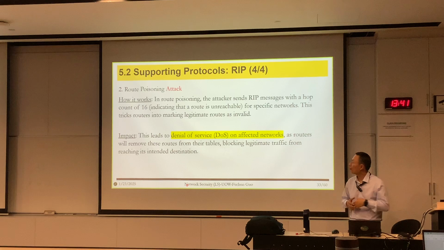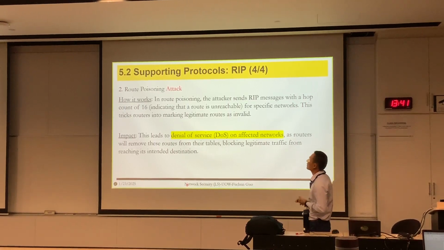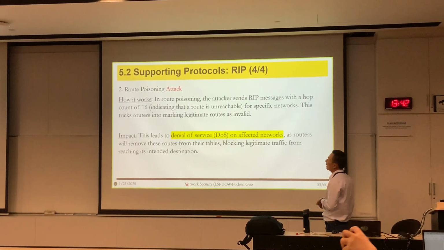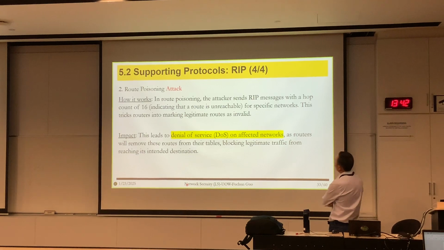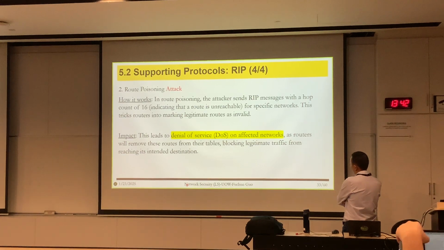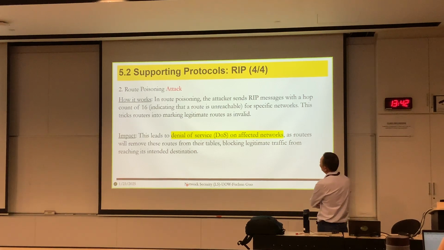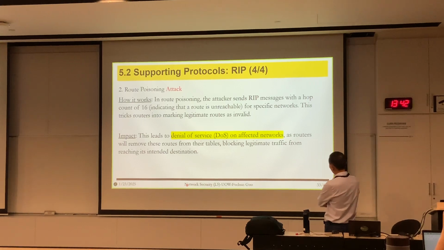The second one is called poisoning. Poison means to add something wrong. In this kind of attack, the attacker will send RIP information with a hop count of 16, indicating that this route is unreachable for specific networks.